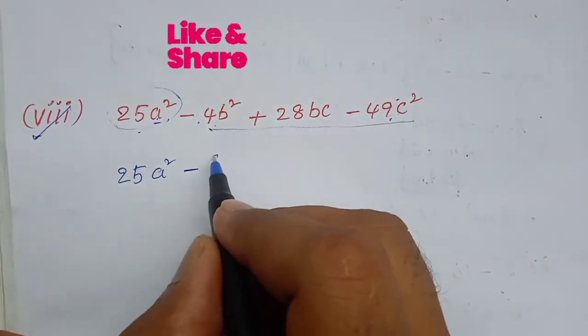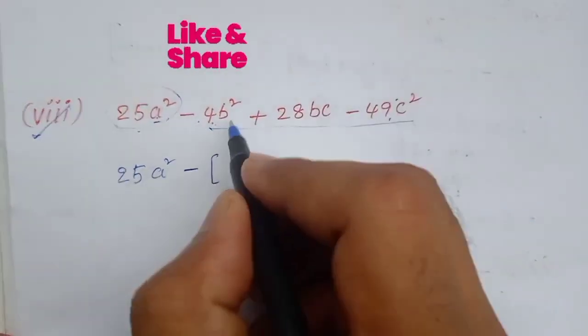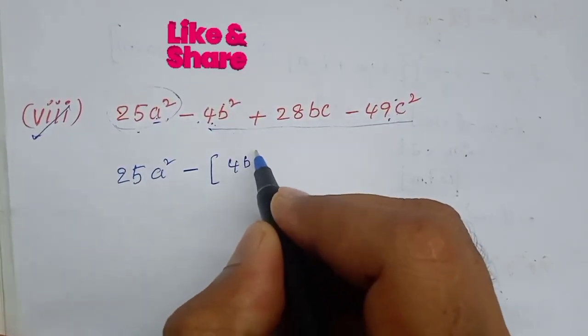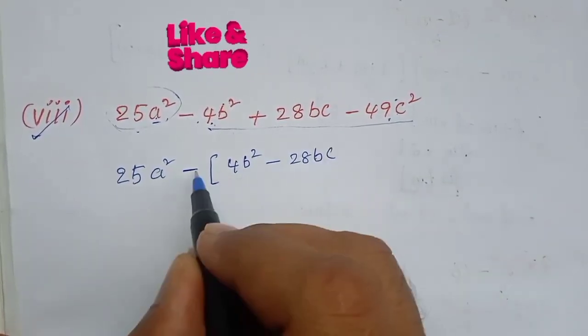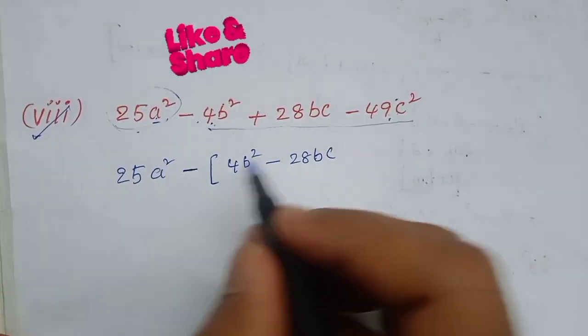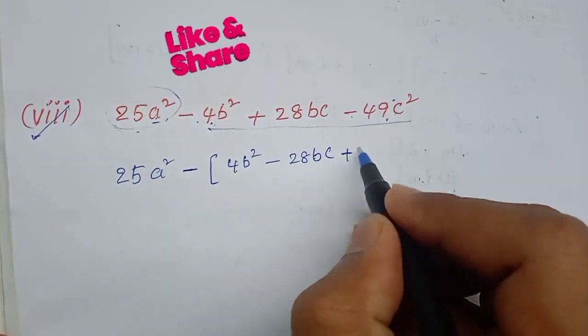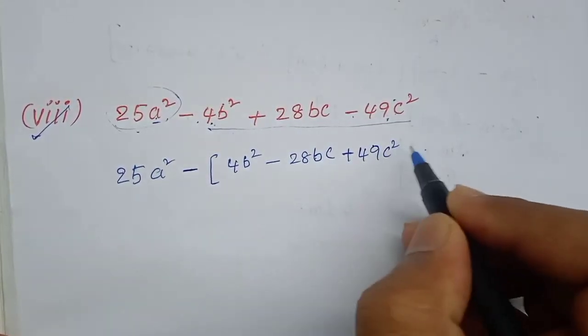So taking minus as common, then it would be 4b square minus 28bc, because we are taking minus as common here, and this would be plus 49c square.